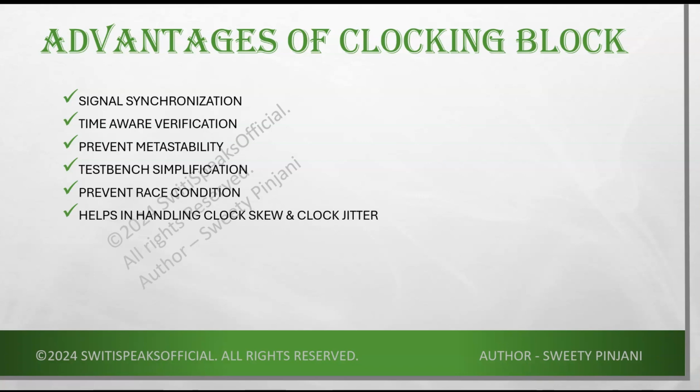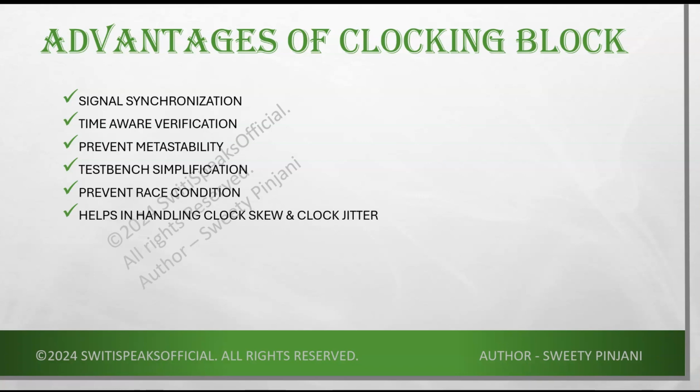This condition can be avoided by using clocking block. Why? Because clocking block provides a synchronized environment for all signals in the same clock domain. Thus, the skew is avoided. All the signals which are synchronous to the same clock domain will be properly synchronized with the help of clocking block. This is why your skew is avoided.